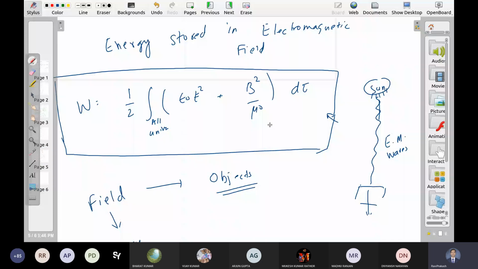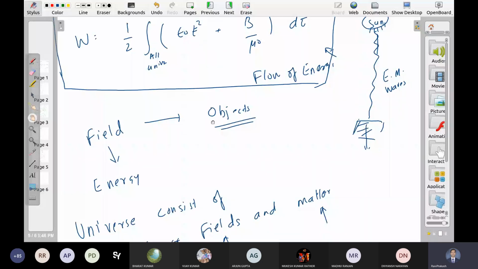कैसे बताएगा वो हम बाद में भी डिस्कस करेंगे, राइट? So when we talk about flow of energy, we need this formula. Okay, let me tell you the small idea कैसे आप पता करेंगे. Let us take this much volume in the universe.